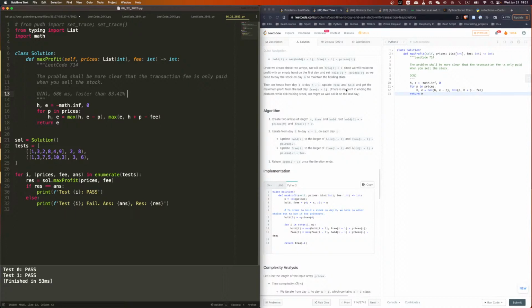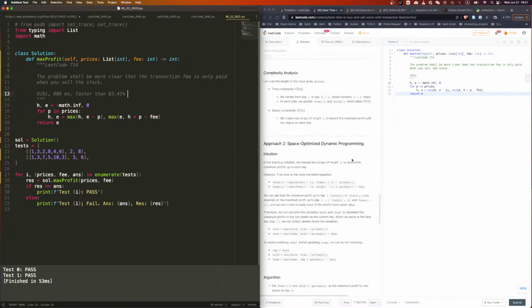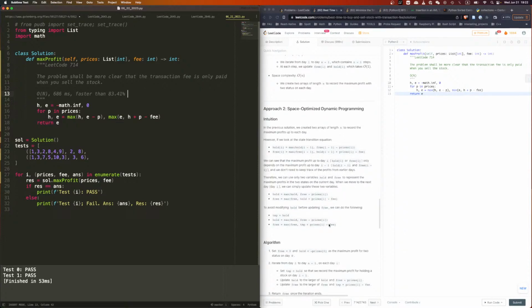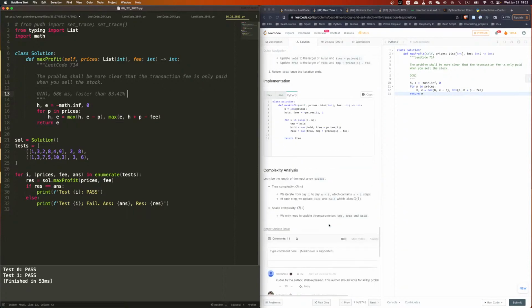Yeah, the last day we return free. We're only using i-1, so you don't have to hold the entire array. So we can just do this. Yep. Oof, very good.